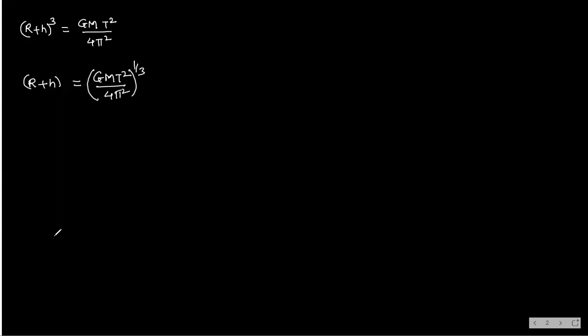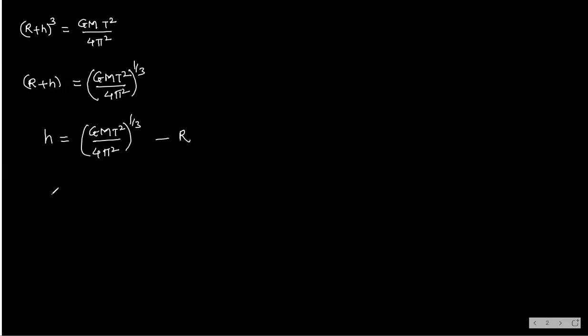Right? Now if we substitute all these values, and if I want H, we will get (GM T square divided by 4 pi square) whole power 1 by 3 minus this R. Like this you will get the H value.